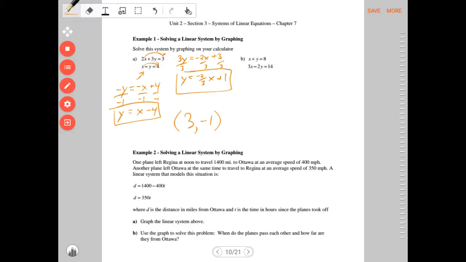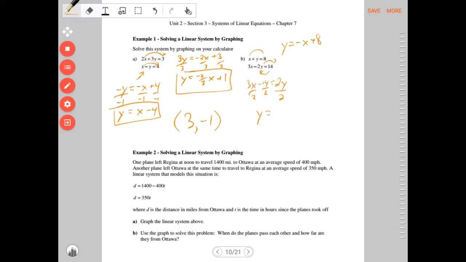Either way, if we try this for b, again the x comes across, so y equals -x plus 8. And when the y is negative, it's a handy little trick to move it over with the 14. So we get 3x minus 14 equals 2y. See, the y is now positive, so when you divide by 2, you don't have to worry about the negative.